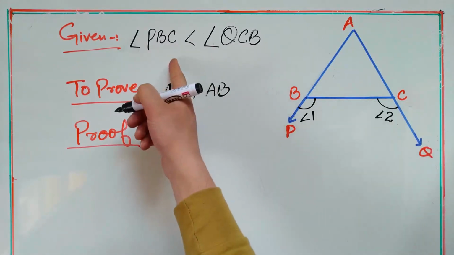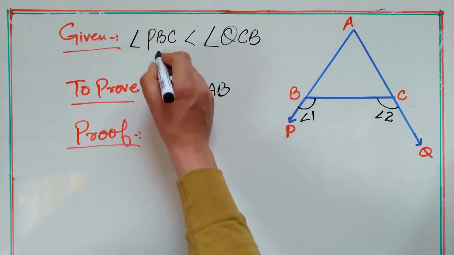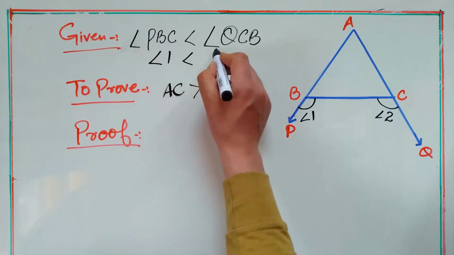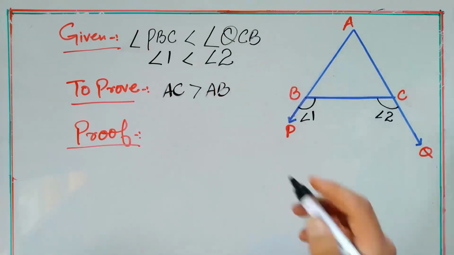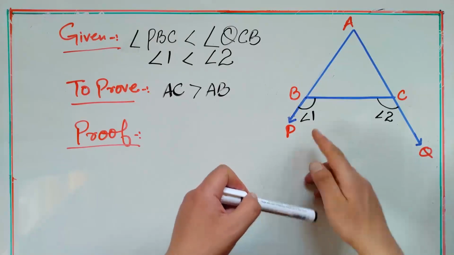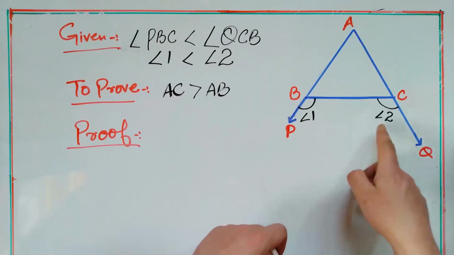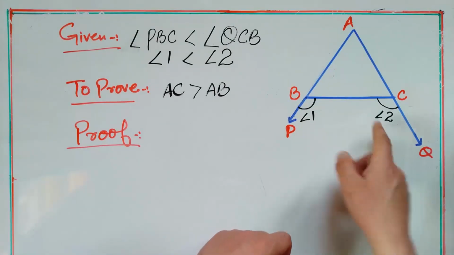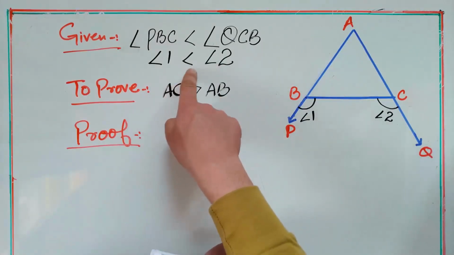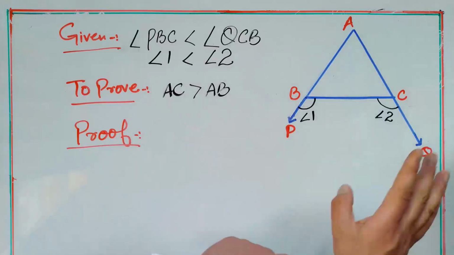So what goes in our given? We can write down that angle 1 is lesser than angle 2. Or you can write down even in this manner that angle 2 is greater than angle 1. That is also correct.